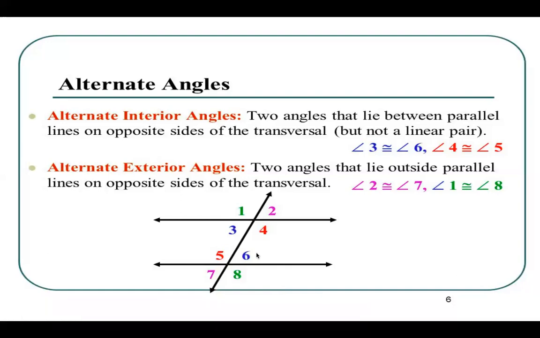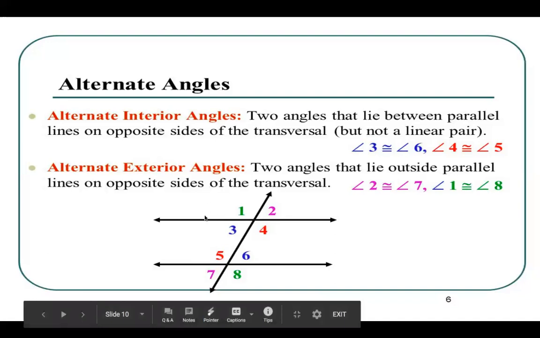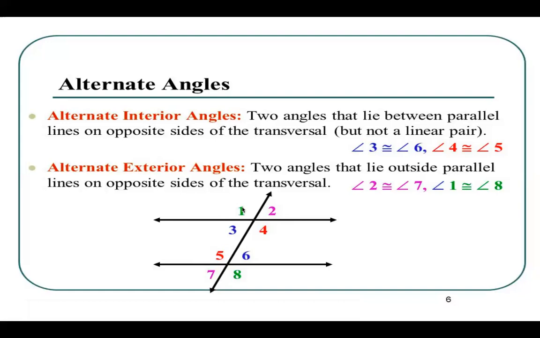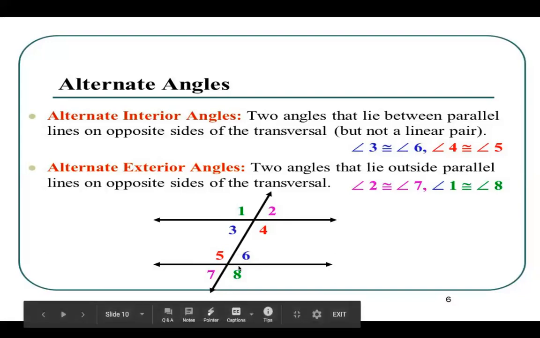Alternate exterior angle. Two angles that lie outside of the parallel lines on opposite side of the transversal. So it has to be outside in here and here, but it has to be opposite side of what? The transversal. So if you look at it, this one and this one.